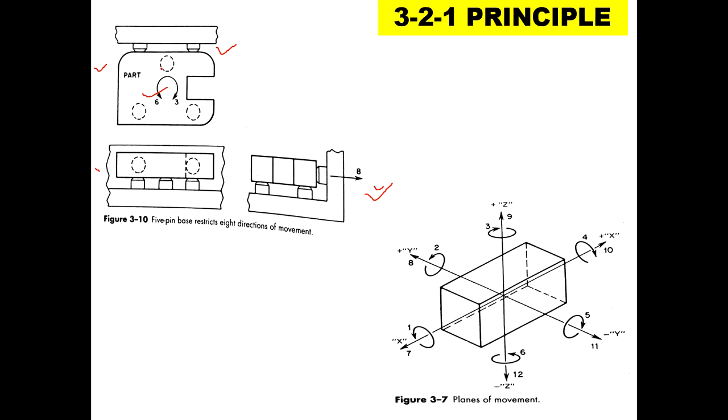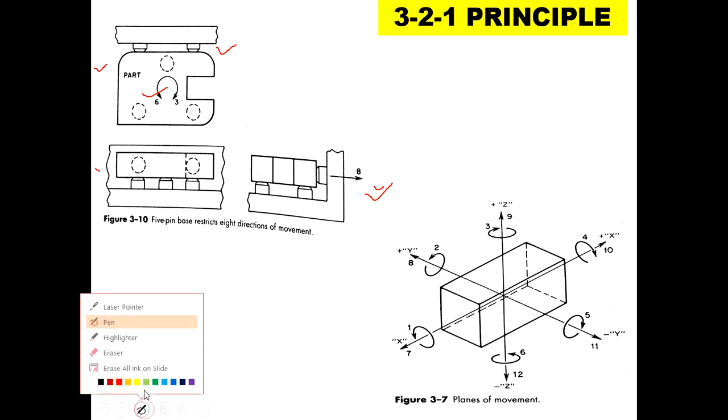So total 3 degrees of freedom will be restricted with this 2 pin support at one side. So earlier with the 3 pins we had 5 degrees of freedom, and now with these 2 pins we have 3 more. So 5 plus 3, total 8 directions are restricted with this 5 pin base.